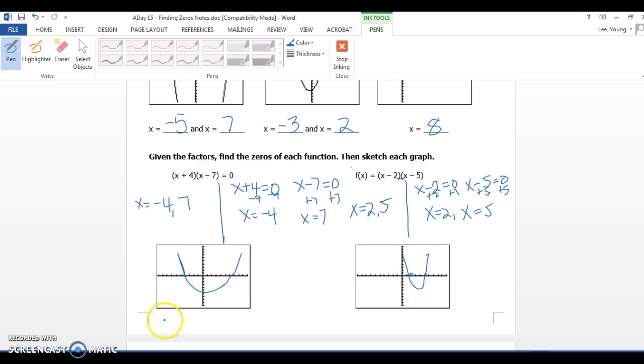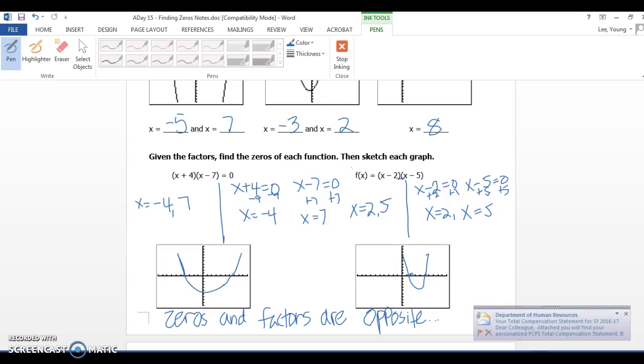So can we really say zeros and factors are kind of opposite? Got that? All right, let's turn to the next page.